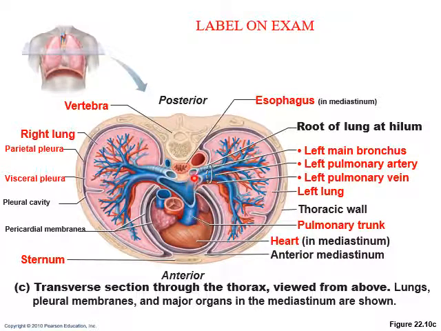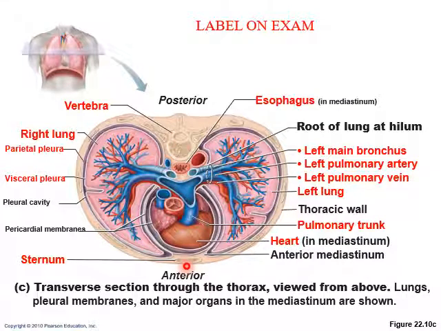Then you've got the two tubes behind that. Those are going to be the bronchi. So that's going to be the left primary bronchus. That's going to be the right primary bronchus. Okay. Then behind that is esophagus and descending aorta. Then you've got vertebrae.